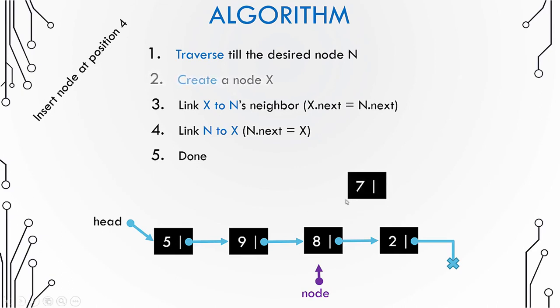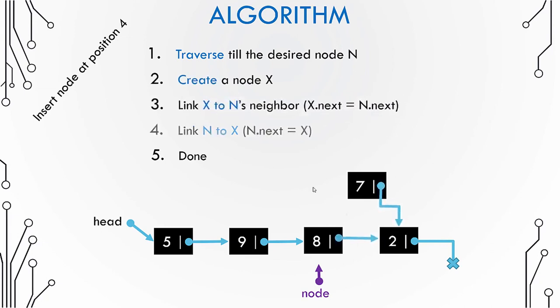Now our goal is to point 8 to 7 and then point 7 to 2. How do you do it? Well, you already know the address of this node 2, which is pointed to by this node 8. So you can just use this link and link this node 7 to 2. Now 7 is connected to node 2.